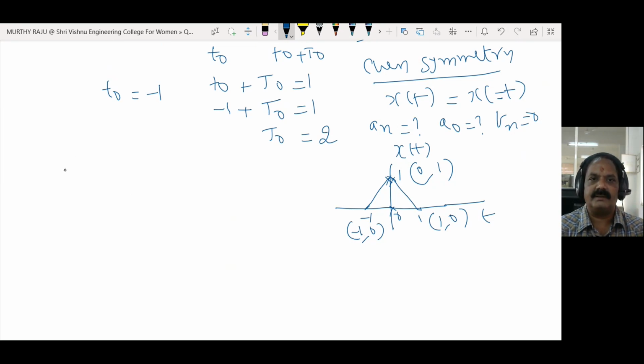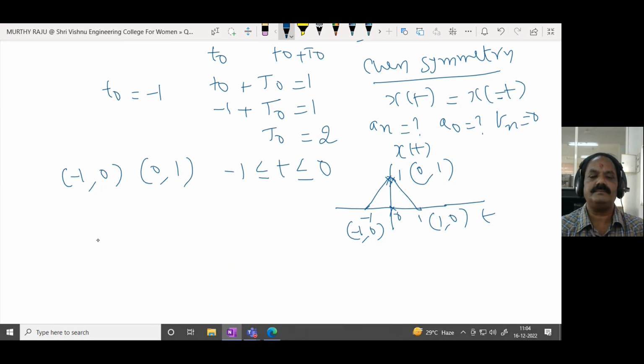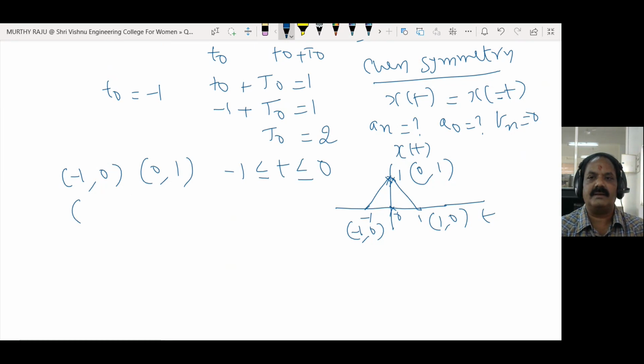The coordinates are minus 1, comma 0 and 0, comma 1 for minus 1 less than or equal to t less than or equal to 0. And the other coordinates are 0, comma 1 and 1, comma 0 for 0 less than or equal to t less than or equal to 1.